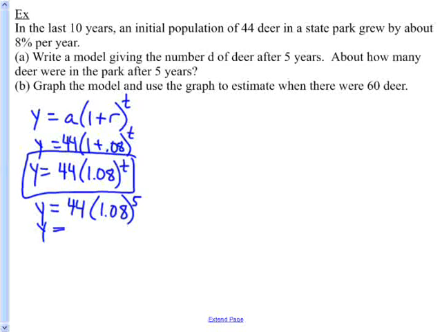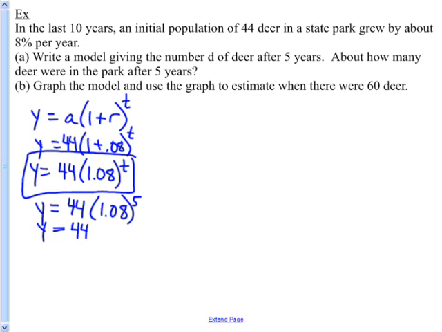So that ends up being, I actually need to grab my calculator. All right, so 1.08 to the fifth is 1.469.